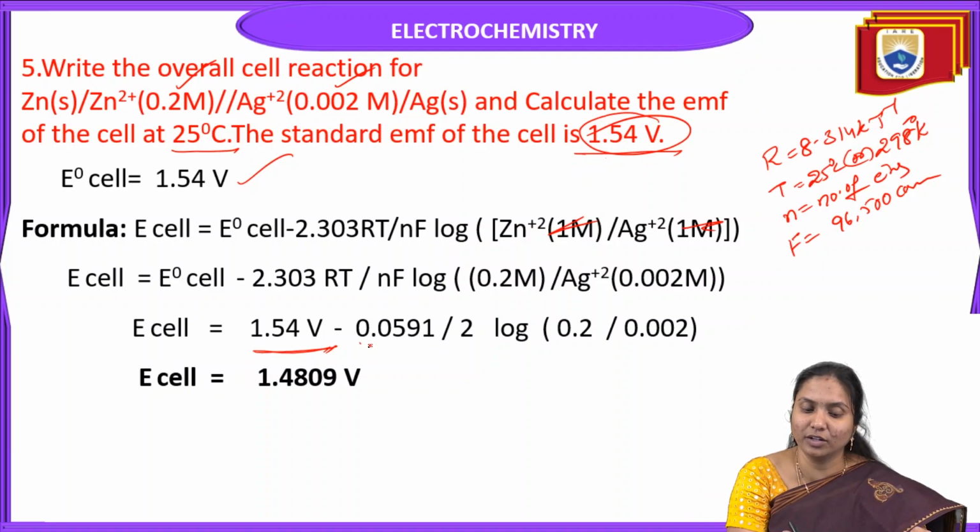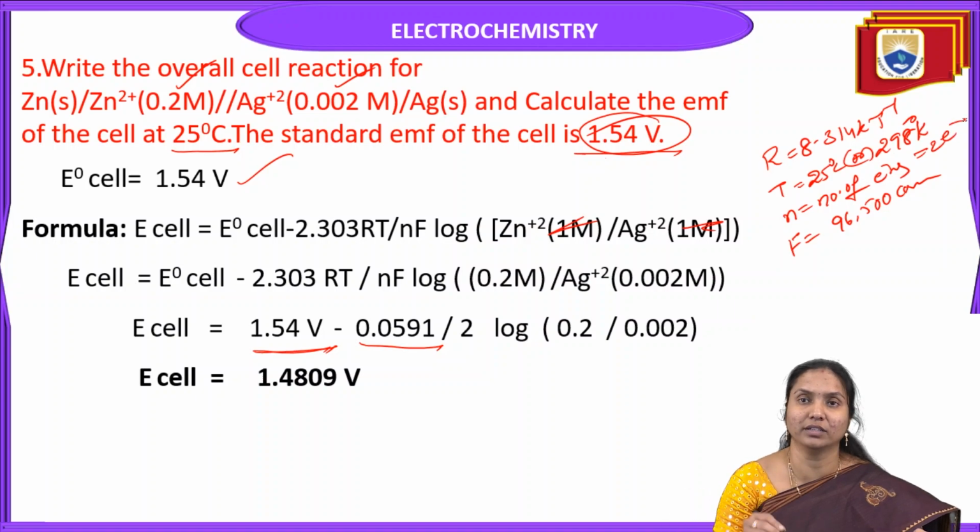So finally we get 0.0591 by 2. Here 2 electrons are involved. So 0.0591 by 2 log 0.2 by 0.002. So after calculation, we'll get E cell equals 1.4809 volts.